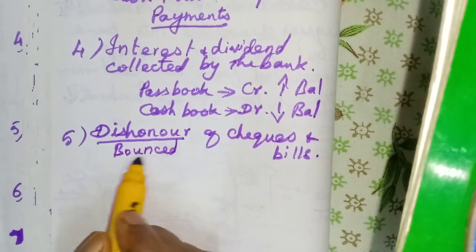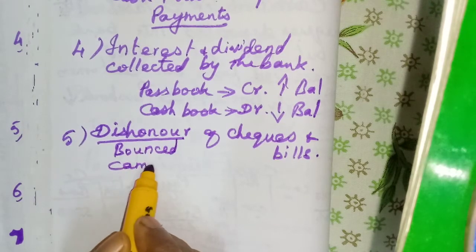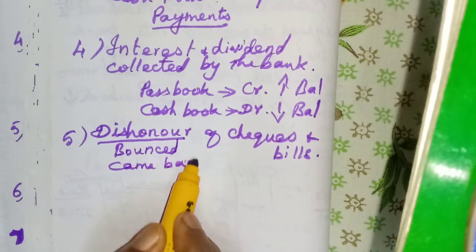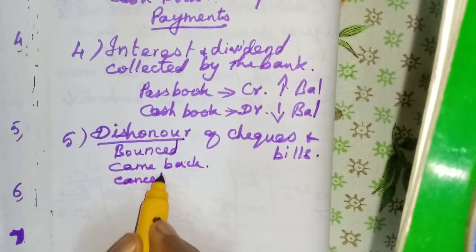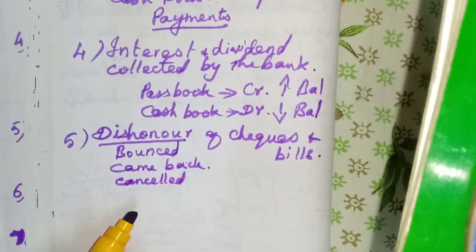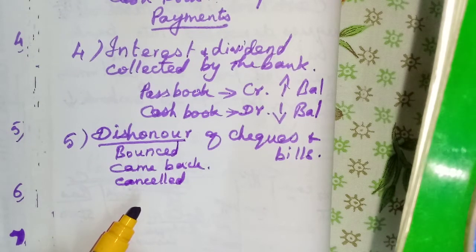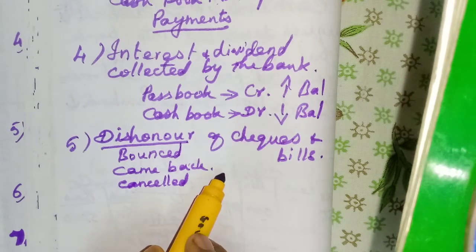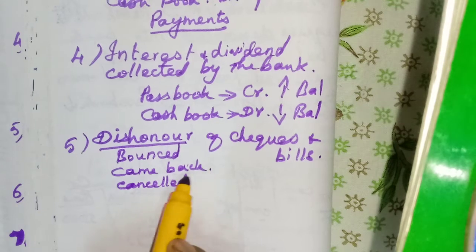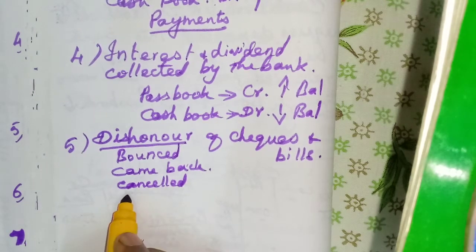Bounced means it came back, it was not honored. That means cancelled, simply. If we have deposited a check, we have not received that amount. That check became invalid.